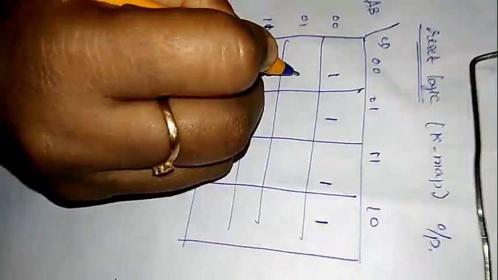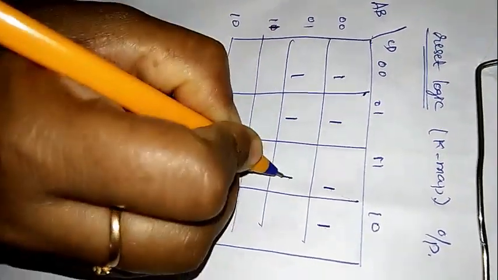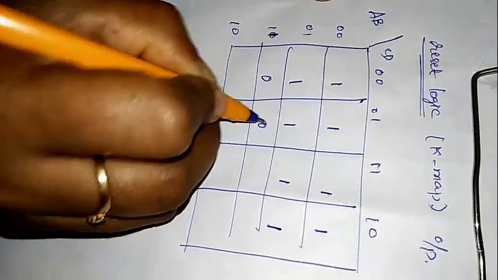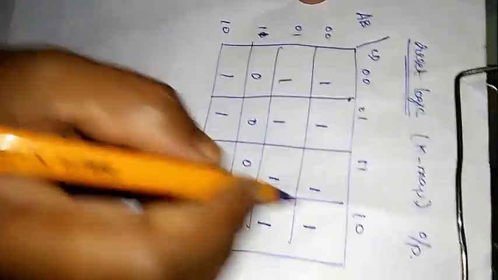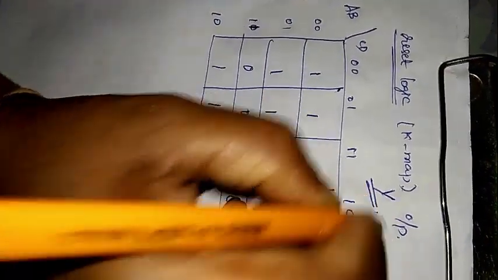Correct? And if I have to draw the expression for output using the inputs of the clock, for output I have 1 1 1 1, 1 1 1 1, 0 0 0 0, 1 1 0 0. Okay, so this is for your output 1.